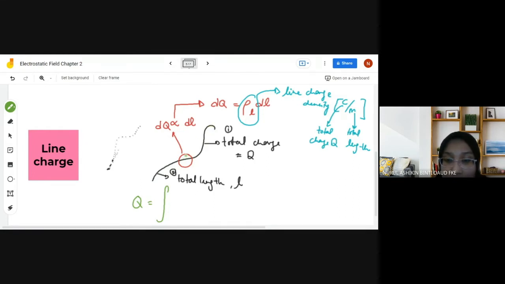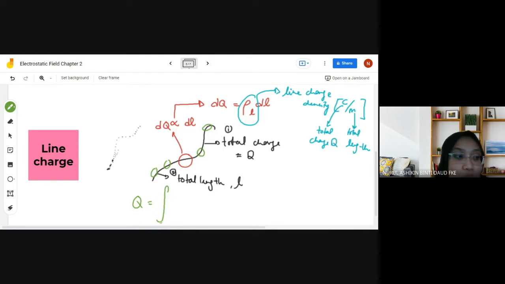Let's say, for example, you are taking this point of charge. If you are taking this point of charge, it is the same. The dq is proportional to dl. So anywhere you can choose the point where the point charge is, it's the same.